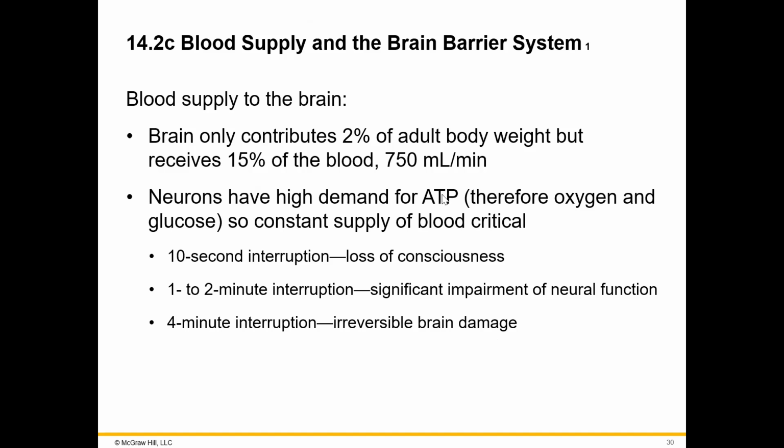So constant blood supply to the brain is critical. We see that a 10-second interruption of blood to the brain causes loss of consciousness, a 1 to 2 minute interruption causes significant impairment of the neural function, and a 4 minute interruption causes irreversible brain damage.